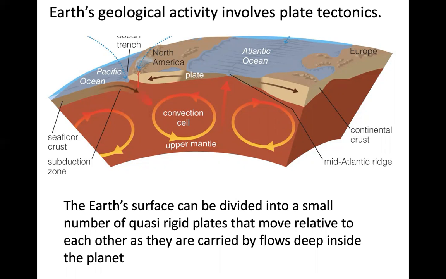But the basic evidence we have on Earth is that these plates are constantly drifting around on top of the hotter, easier to move material of the mantle.